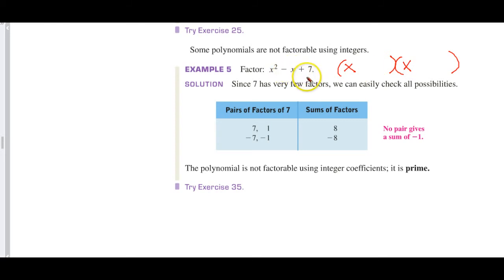And you might say, there are no factors of 7 that have a difference of 1. So this is prime. You tried it, you looked at it. In fact, I wouldn't have even put the parentheses there, but that would be your protocol.